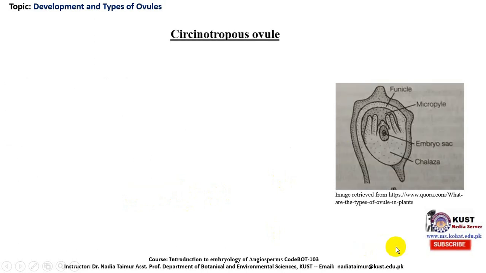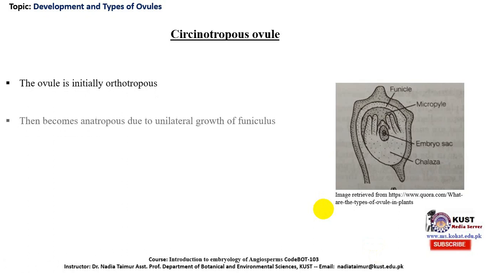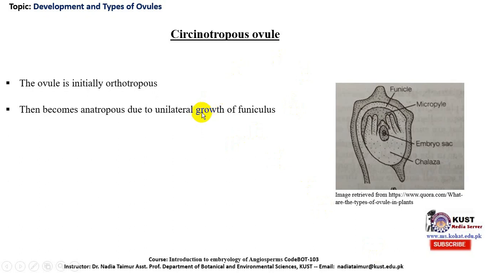Now, the last ovule, which is known as Circinotropous ovule. So, in this type of ovule, initially the ovule is orthotropous or straight. But as the development continues, the ovule becomes Anatropous due to unilateral growth of the funiculus. This is the funiculus.